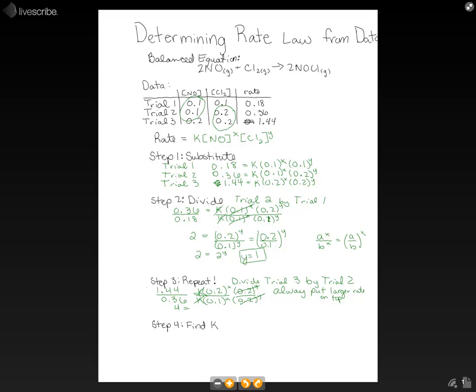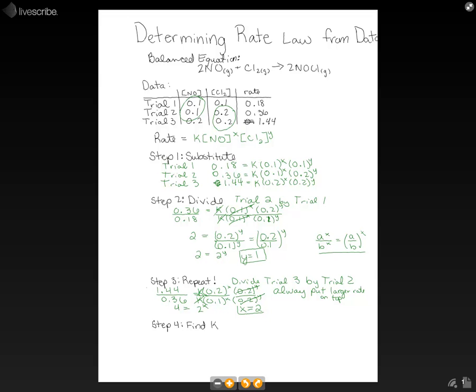So we have 4 equals, and using the same trick we did earlier, 0.2 divided by 0.1 all to the x, which is just 2 to the x. And like we said earlier, this is pretty simple math: 2 to what power gives us 4? We know x therefore must equal 2 because 2 squared equals 4.